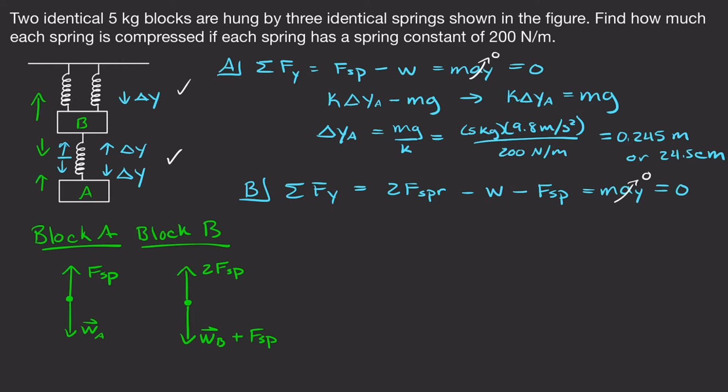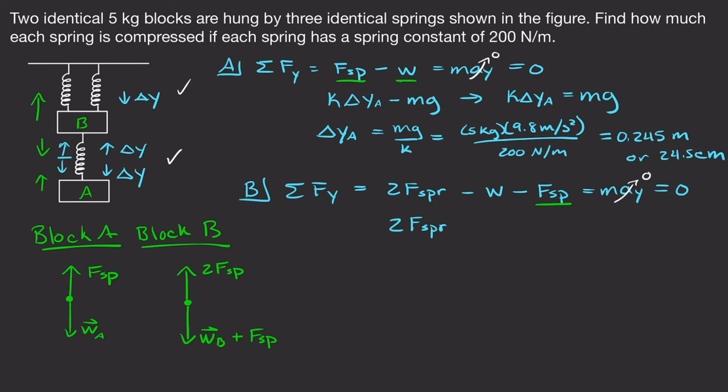But we already know this bottom spring force. Up here we found that this spring force on the bottom is equal to the weight of one of the blocks, or the spring force minus the weight equals 0, so these must be equal. So we could just replace this with the weight of one of the blocks. So then we would get the 2 spring forces that are on top.